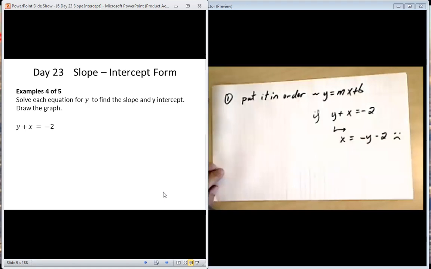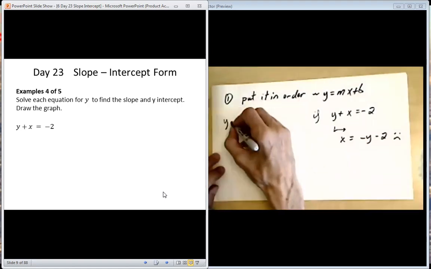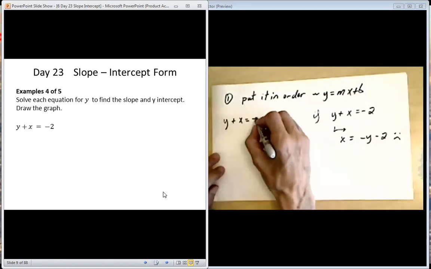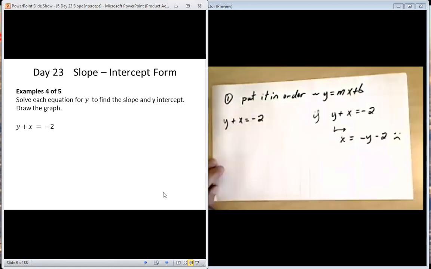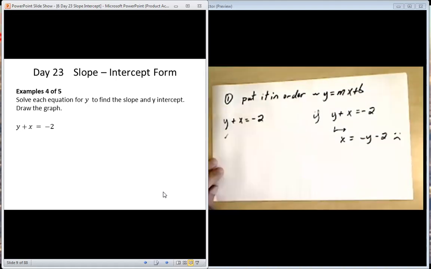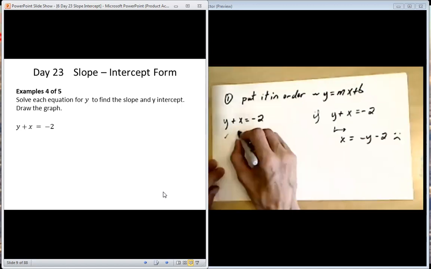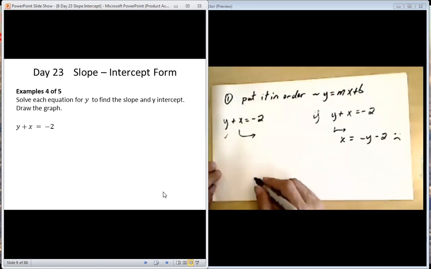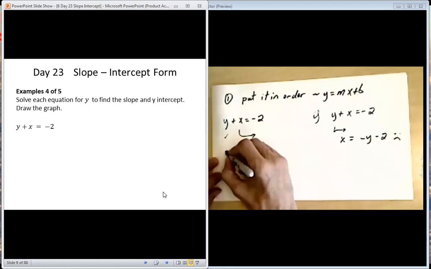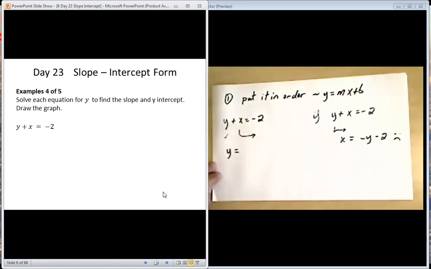So what's the other trick then? If we're going to leave the y on that side, we've got to move the x out of the way. It's the x that's going to go now. Okay, so we got y. Move the x to the other side.